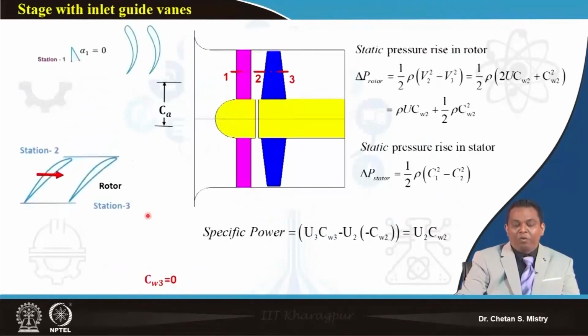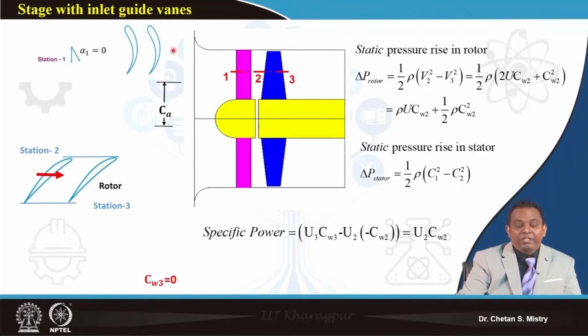Now let's move on. Suppose I am looking to reduce, or I don't want, the whirl component coming out from my rotor. That means my CW3 is equal to 0. In order to achieve that, we put one stator or inlet guide vane here.